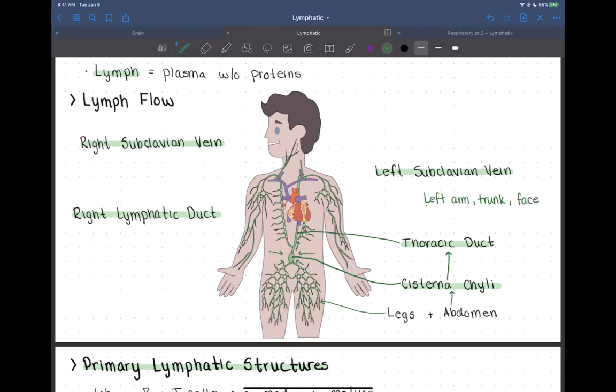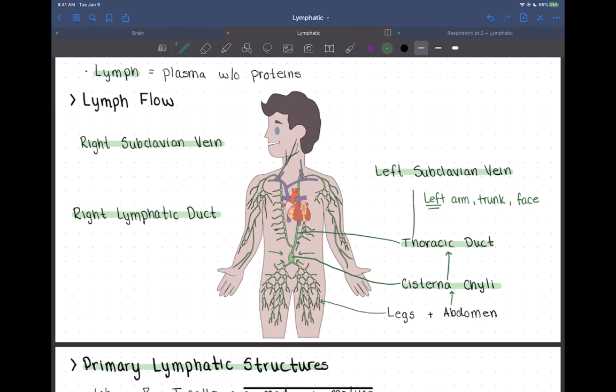Okay, so it's the left side, all of that. So as this thoracic duct is moving up through the thoracic cavity, it is collecting lymph from the left side of the trunk here, from the left arm here is being added, and then lymph would be coming down from the left side of the face into this thoracic duct, which kind of curves over and joins then the left subclavian vein. Okay?